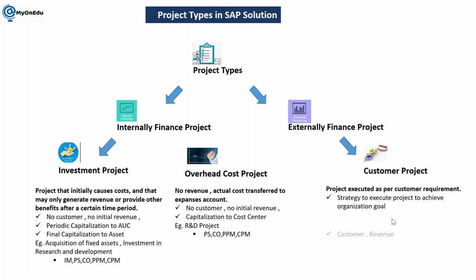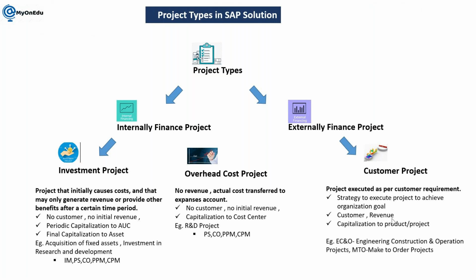Here we will have customers, we will have revenue, and then capitalization to product or project. An example is engineering, construction and operation, ECO. Another example is MTO, make to order. In engineering, construction and operation, let's say a reactor needs to be constructed.